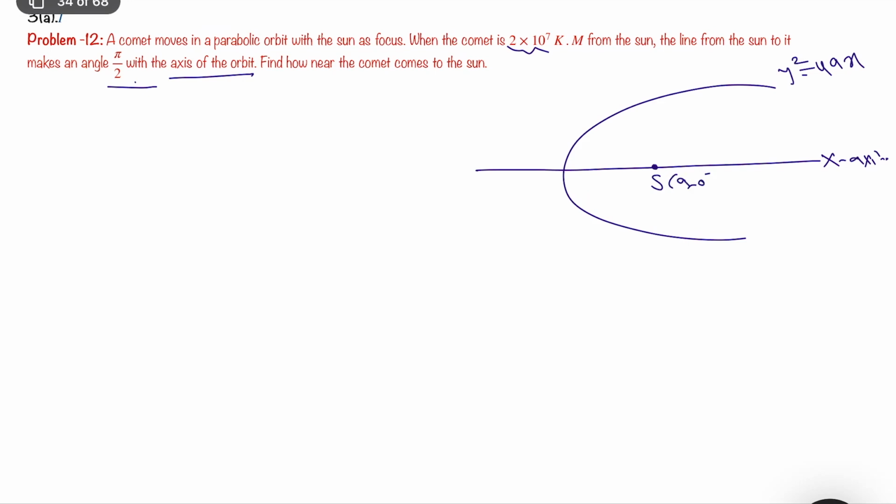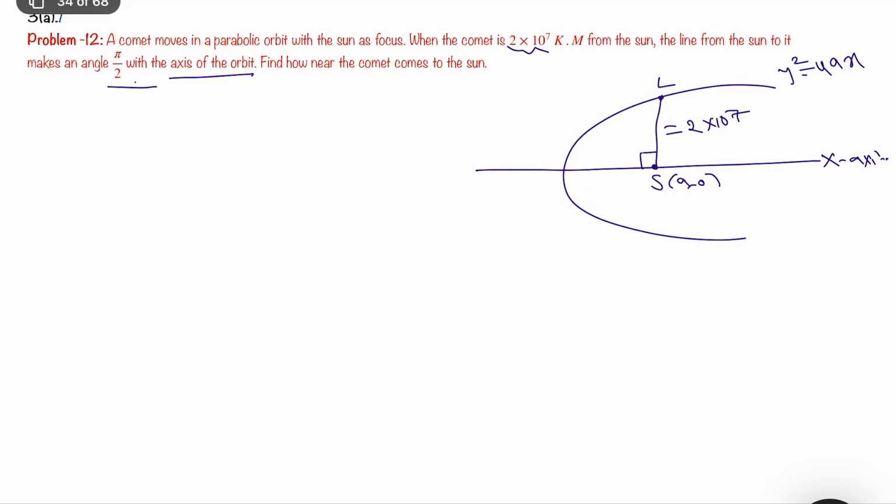Now the comet moves on this parabola. When the comet is at this location, say L, the line segment LS makes an angle pi by 2 with the axis of the parabola. Then it is given that this distance LS equals 2 times 10 to the power of 7.